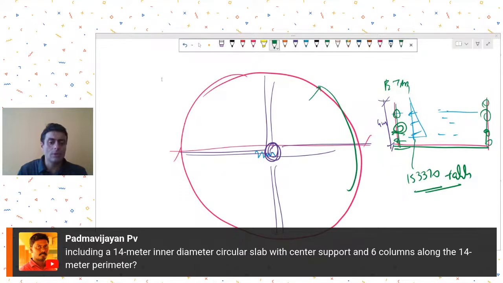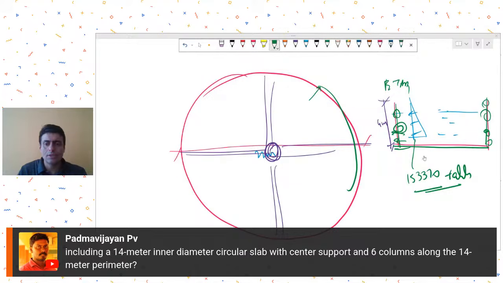And in our course on liquid retaining structures, we have discussed all these things in great detail. All types of liquid retaining structures have been discussed. So I suggest you have a look at that course. You will understand all these things in great detail, including how to look at such tables, 3370 tables, how to model these shapes, how to apply the liquid load, and all those things.